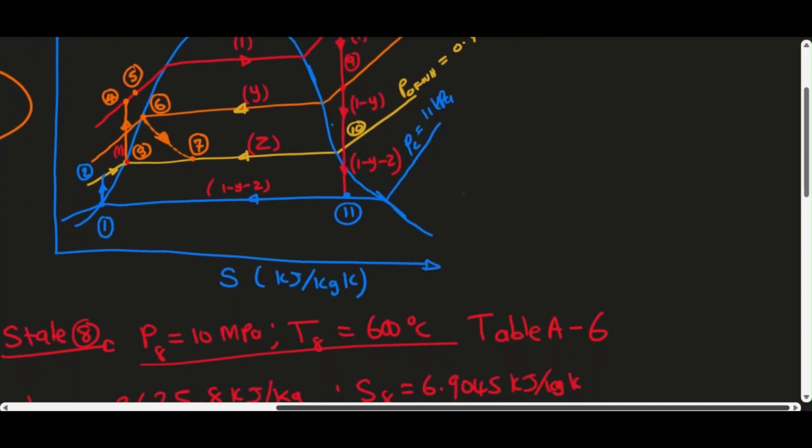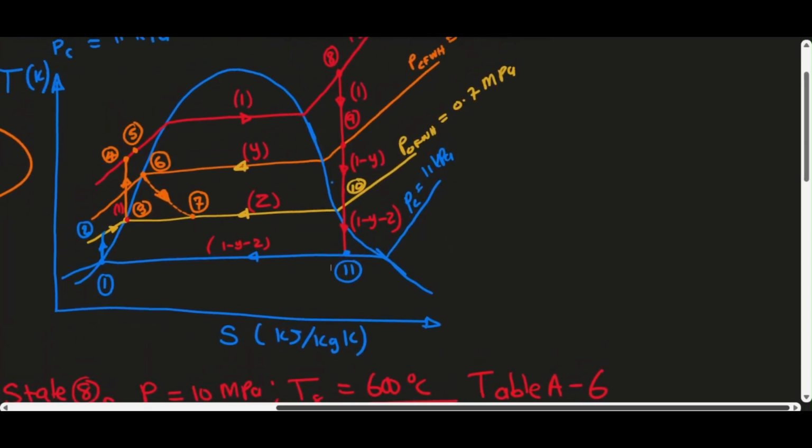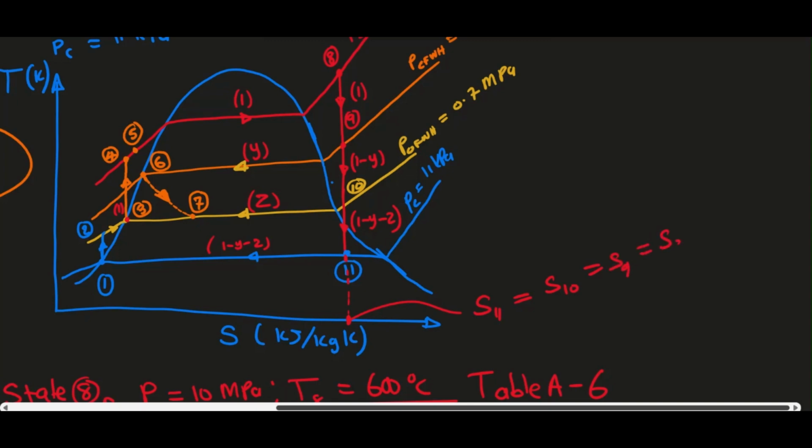Looking just at the TS diagram, if you extend this vertical line all the way down, you'll find out that S at state 11 is equal to S at 10, is also equal to S at 9, is also equal to entropy at 8. So if I have entropy at 8, I have all these entropies.